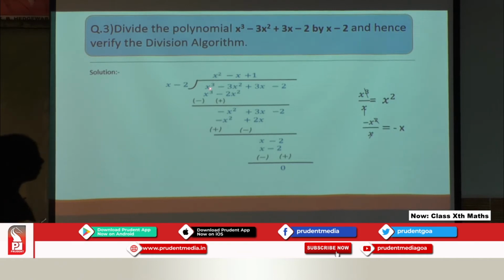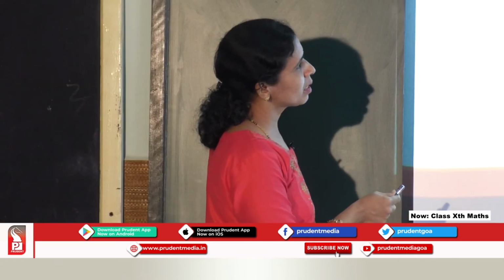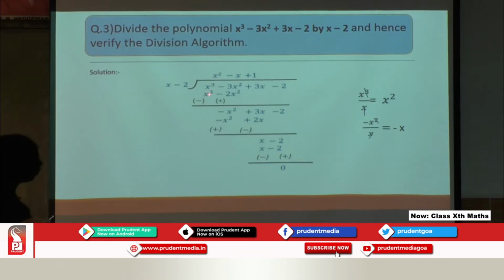Next step, we should multiply the first term of the quotient by the entire divisor. So x square into x is x cube, and x square into minus 2 is minus 2x square.